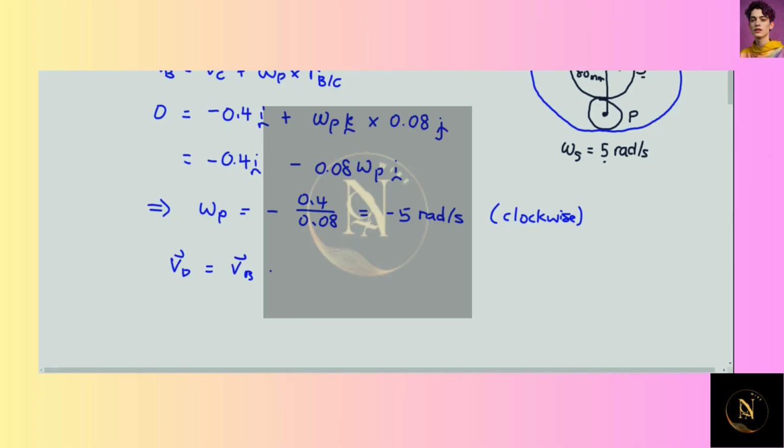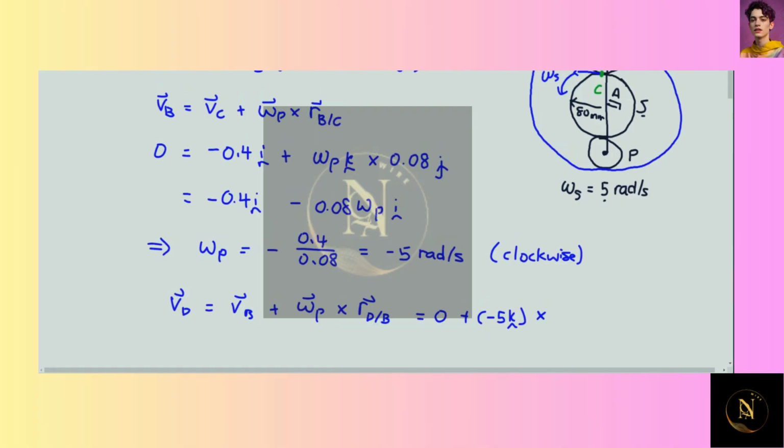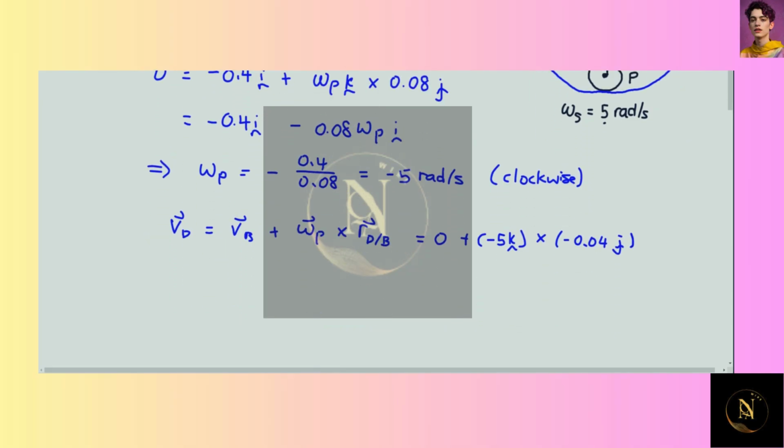VB plus omega P cross R D relative to B. So this is 0 plus minus 5K cross, and from the diagram, D is below B, so this is minus 0.04 J. And then this gives minus 0.2 I.